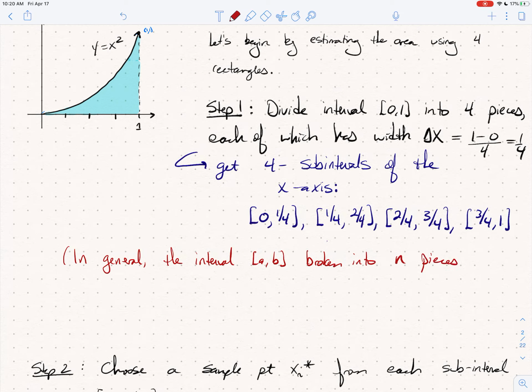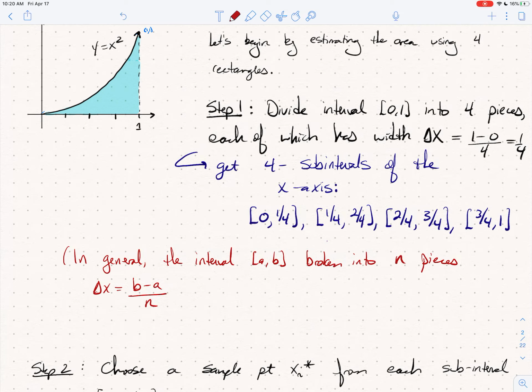Now, why did I say n? Because I don't know if I'm going to want 5 or 10 or 100, I want to be able to flex that. So n pieces is just the number of rectangles you're going to have. And delta x is (b minus a) over n. You just divide the length of the interval by n.